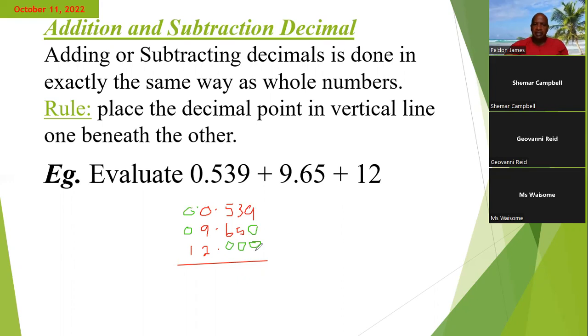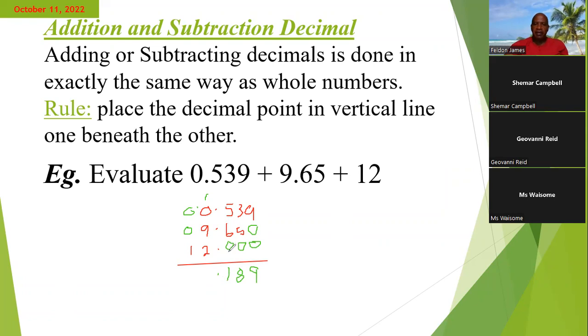So we add 9 plus 0, gives you back 9. And 5 plus 3 plus 0 will give you 8. And 5 plus 6 plus 0 gives you 11. Now you put down 1 and you carry 1 over here. Remember now, you have to put your decimal point here because we are following the whole one beneath the other.